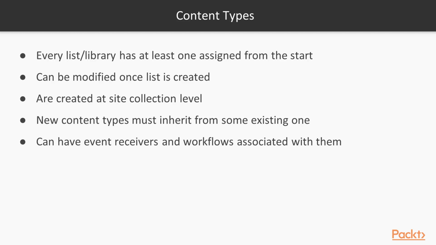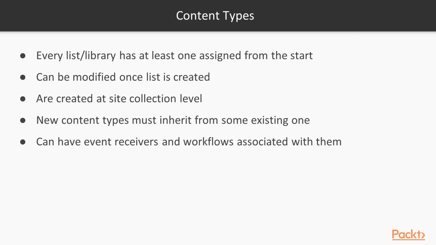What I mean by that is, once an announcement list has been created, it will have an announcement content type inside of it. But if we go and edit the fields inside that content type in that particular announcement list, we will only be changing the content type in that list.